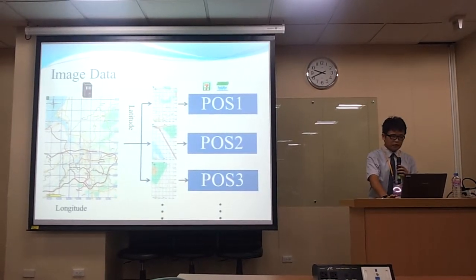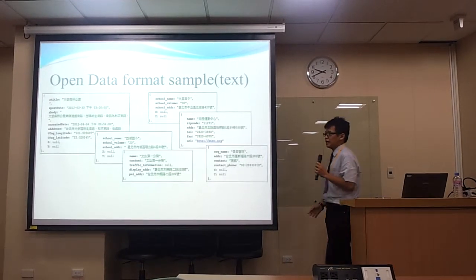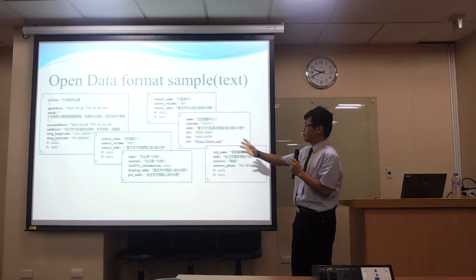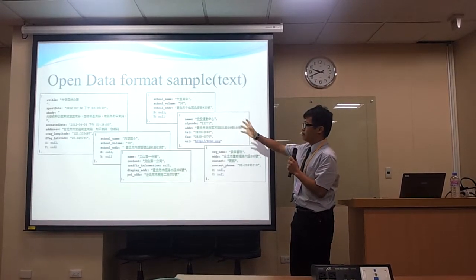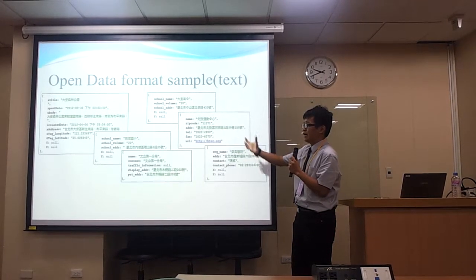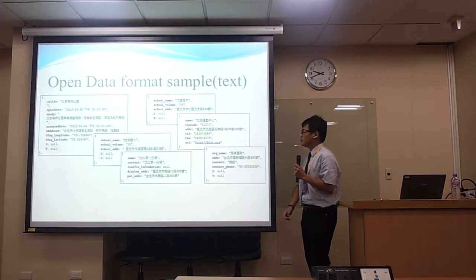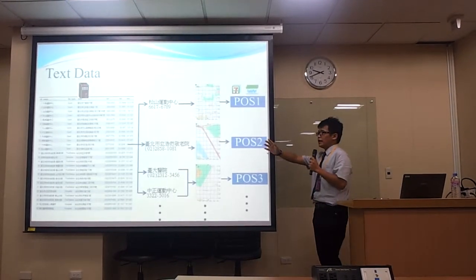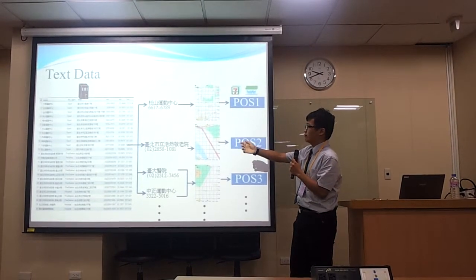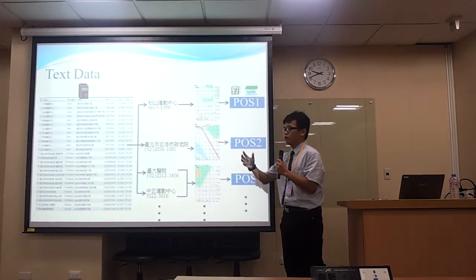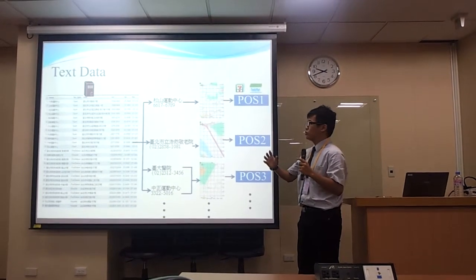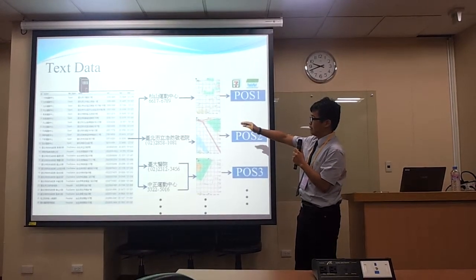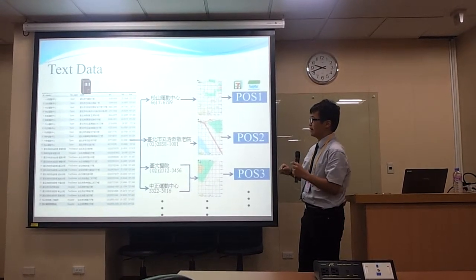How about the text data? The source is the government website. The government website offers this data, and this data is fetched by us. Although it comes in many different forms, first we make a standard form so that each piece of shelter information has the same format.